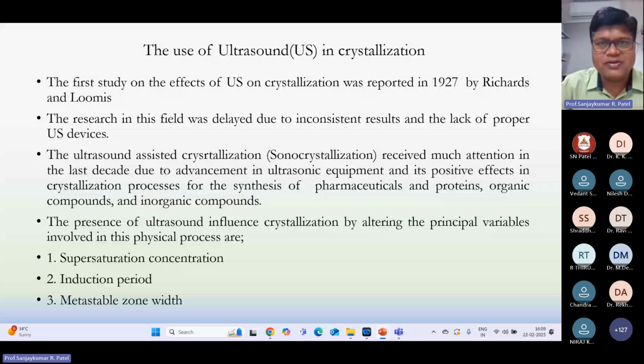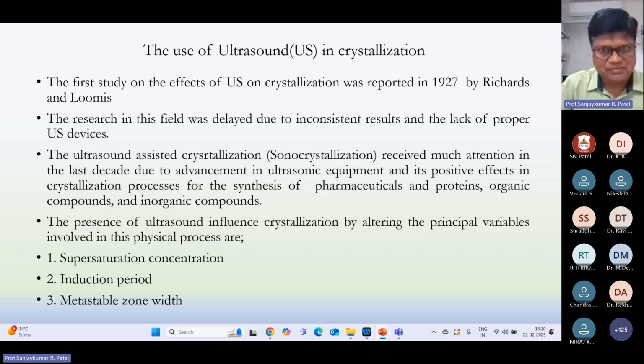The use of ultrasound in crystallization was reported in 1927. But at that moment of time, the ultrasound devices were not giving accurate results, or the sound produced by the device was not so uniform.